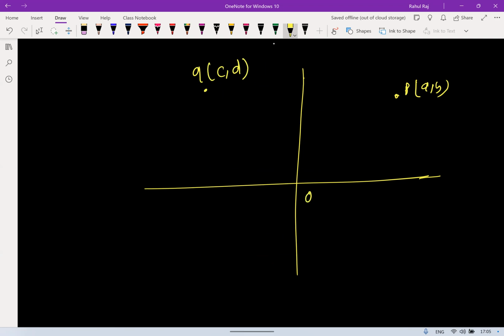So what is the distance between point P and O and Q and O? Can you give me a moment?